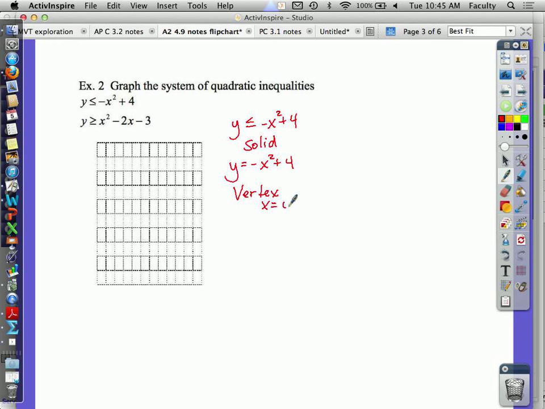Well, x is 0 because there's no b, and then y is 4. So I'm going to plug in 1. Now be careful with your order of operations.